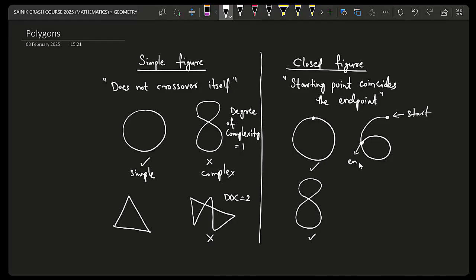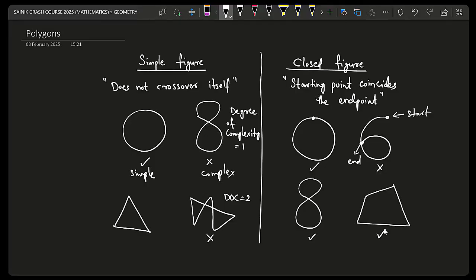So the starting point and ending point are not coinciding. So this is not a closed figure. And we can take any polygon like triangle, quadrilateral, etc. Suppose if I take a quadrilateral, you can start at one point and you go around it and come back to the same point. That means starting point and ending point are same. So this quadrilateral is an example of closed figure.